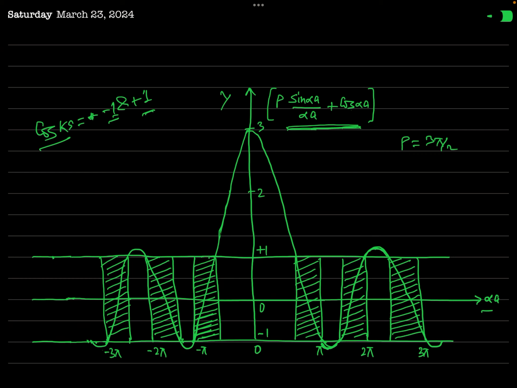So this unshaded region represents the forbidden energy gap. An electron cannot have such an energy and remain in that energy state. But the shaded region represents the allowed energy band.